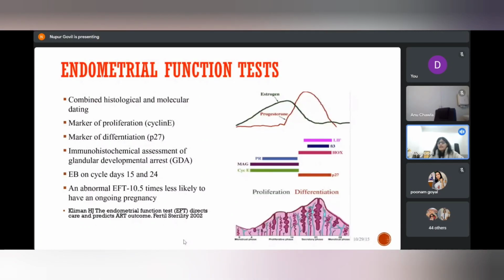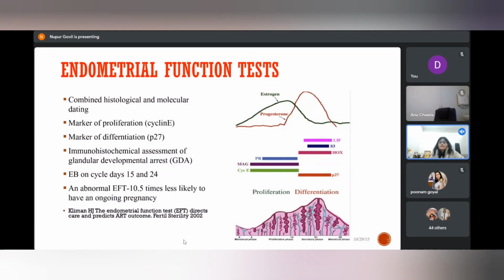So we last spoke about the endometrial function test. This has been one of the receptivity markers suggested by the author Kliman et al. And they suggested that if histological dating is combined with molecular dating, we can fairly predict the maturation status of the endometrium, and we can modify our hormonal supplements, and treat and manage the endometrial receptivity.